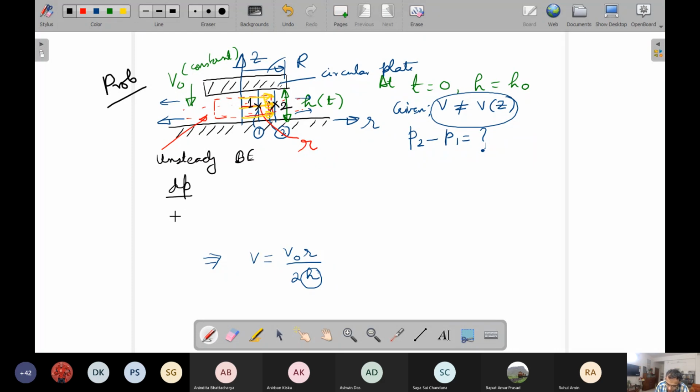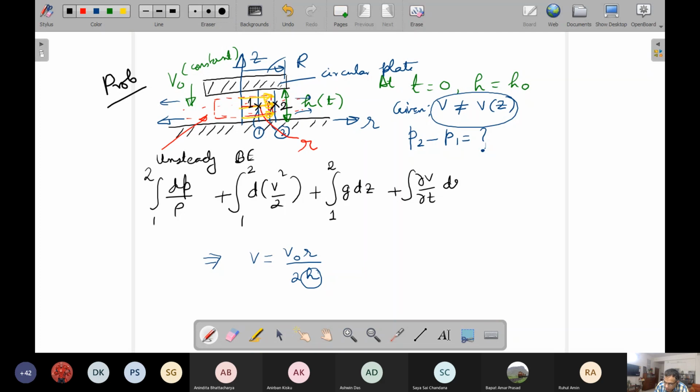So the integral from 1 to 2 of dp by rho plus d of v square by 2. Remember, we are using it along a streamline, so the streamline version of the equation we are using.